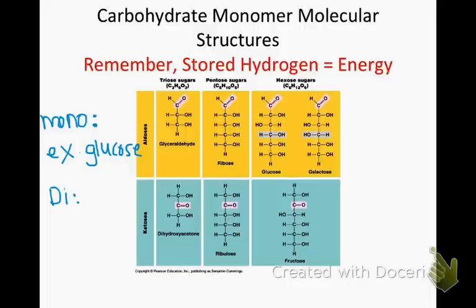So, if we decided to take this monomer, you add glucose plus glucose, and that equals sucrose. Sucrose is table sugar. So that's two monomers, glucose and glucose, added together equals sucrose.